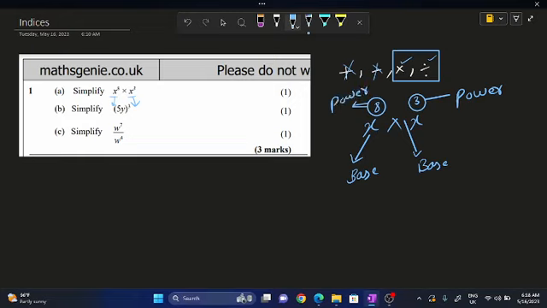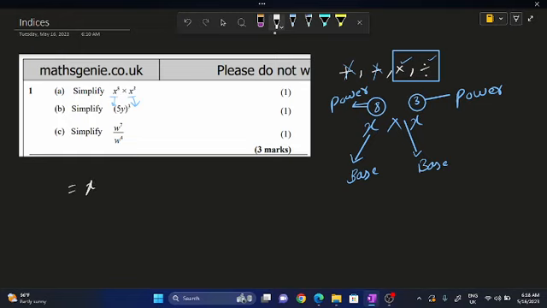So after identifying the nature of the operation, either multiplication or division, you have to look at the base. No doubt the power may be different or the same, no issue, no concern with that part. You have to look for the base. If the bases are the same and the operation between them is multiplication, you have to use the base law of maths.